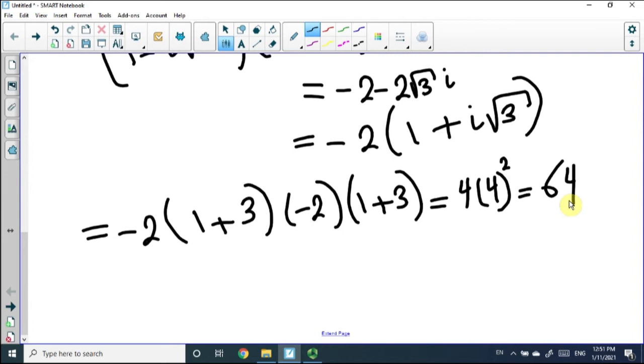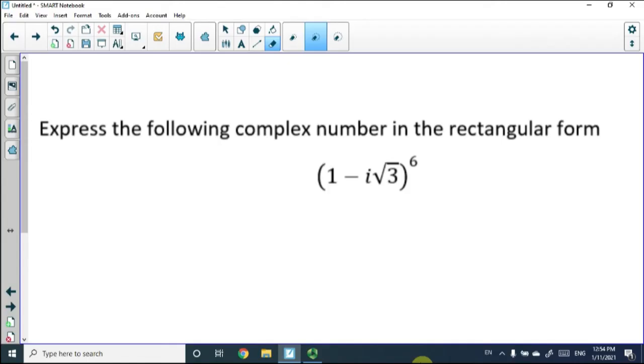The next method will be much more powerful, so let's try the next method using Euler Formula. Now, the most important and most useful method is to use Euler Formula. So let's repeat solving this problem using another method.